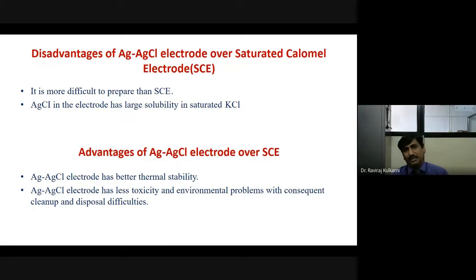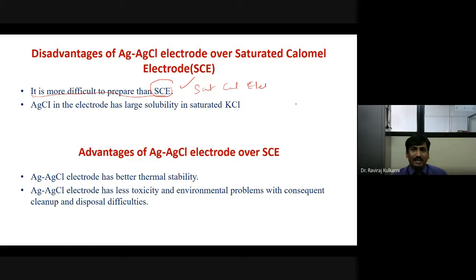What are the advantages of the AgCl electrode over the saturated calomel electrode? One is that it is very difficult to prepare the saturated calomel electrode. SCE means saturated calomel electrode. Why?